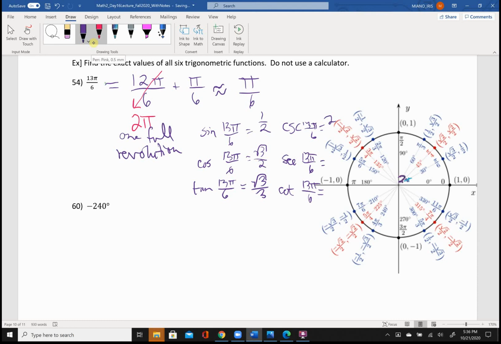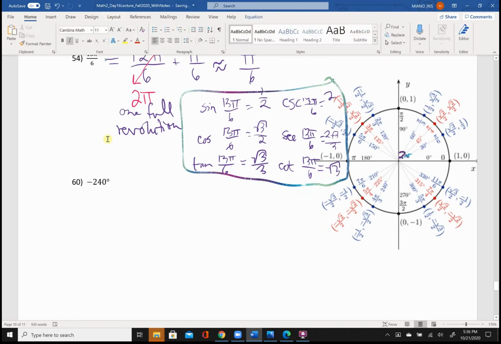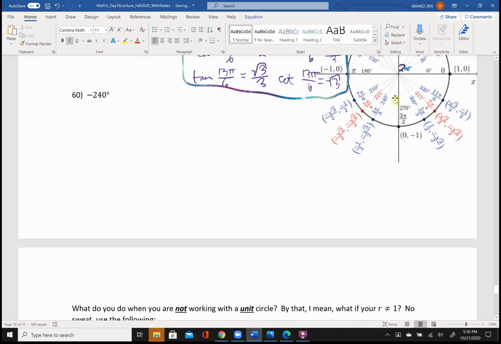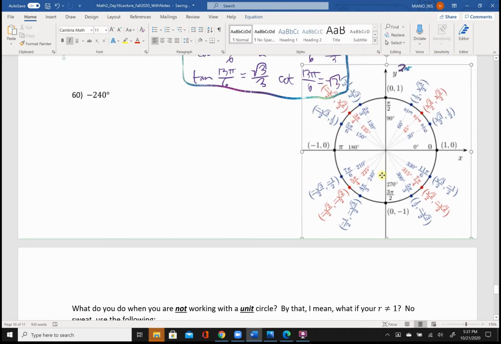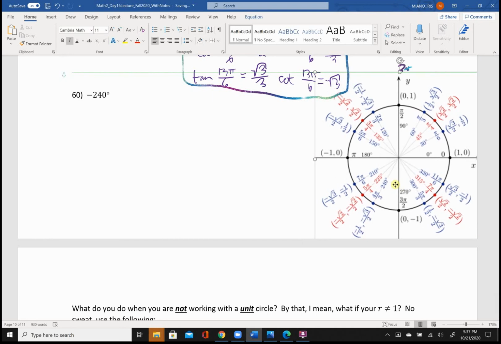The secant is 2 root 3 over 3. And the cotangent is root 3. Sorry for writing on top of the unit circle there. Kind of not helpful. But I am going to move it downward for this next calculation. So hopefully we can still reference it relatively clearly despite all of the markings that we made.